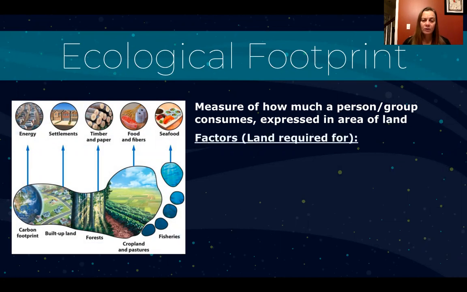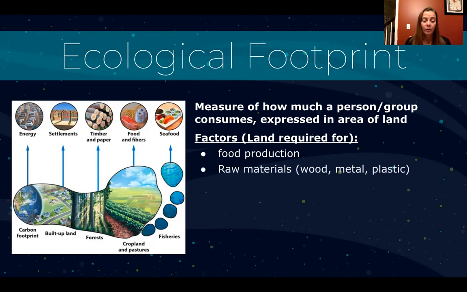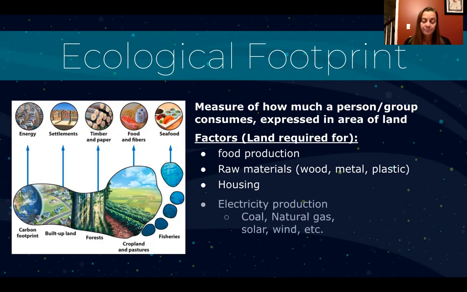So it considers the amount of land that is required for food production, the amount of land that's required for raw materials for all the consumer goods that we purchase and use, the amount of land that's required not only for our house to be built on, but again, for those raw materials for the housing.